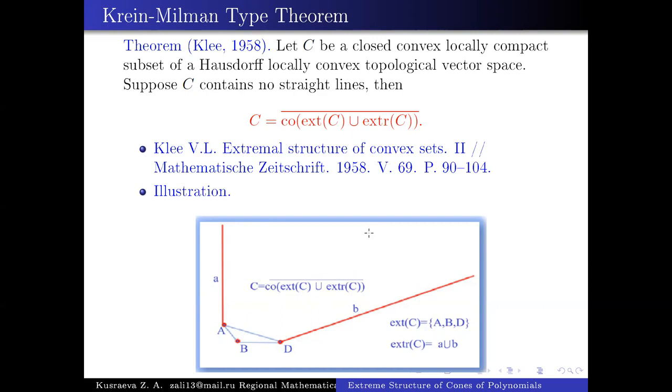In other words, we can say that each point of C can be approximated by the convex combination of points which are either extreme points or lie on the extreme rays.